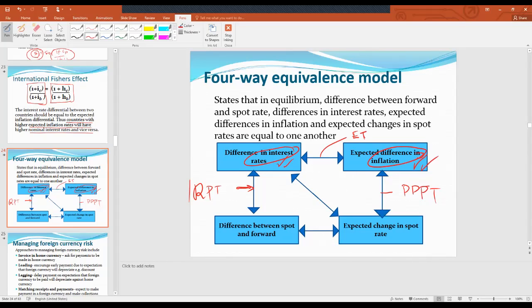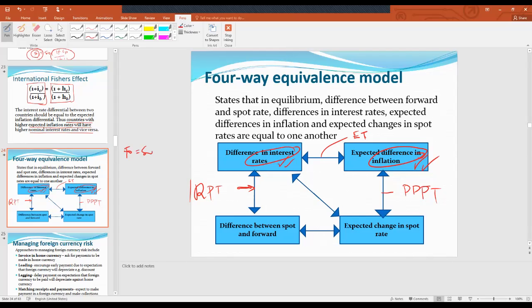At the end of the day, when it comes to the spot rate and the forward rate, it is possible for us to predict what will be. Let me just go back. This is the interest rate between the countries. The forward rate is equal to the current spot rate times 1 plus the interest in the price currency over 1 plus the interest in the base currency.